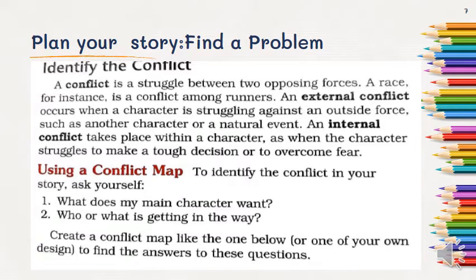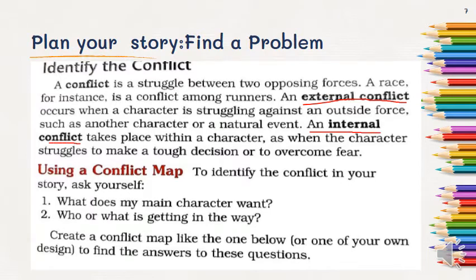An external conflict occurs when a character is struggling against an outside force, such as another character or a natural event. So two characters together, or a character and a natural event, something that is happening, a flood or a tsunami.